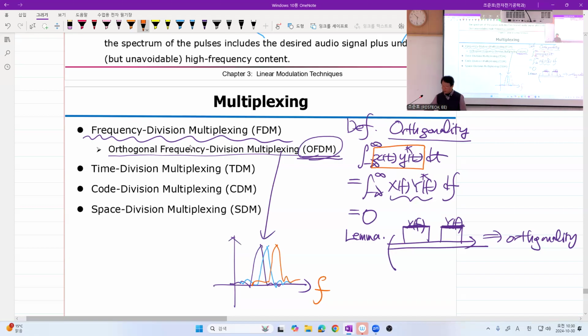This way, we may transmit many signals. For example, suppose you have some specific period Ts, and you divide it into 3 subintervals. And here, in the first interval, you put a pulse amplitude modulated signal.